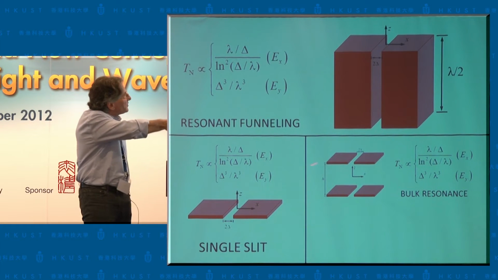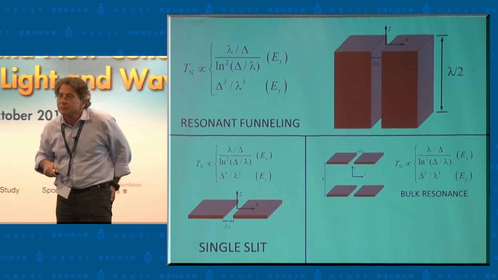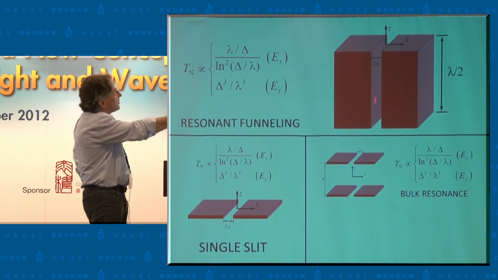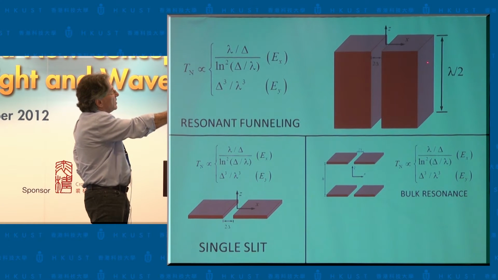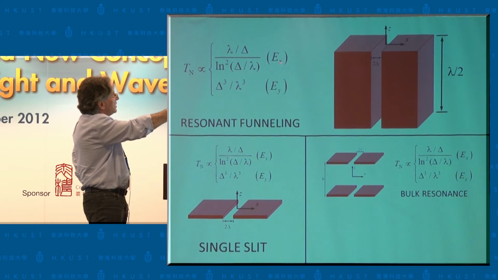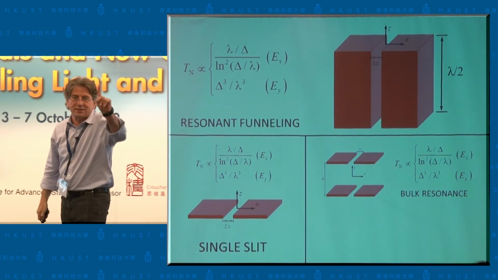The result for these 3 geometries when you are in resonance is identical. So what we call resonant funneling, that is when the height of the slit is lambda over 2, gives these results for Ex and Ey. In other words, all this in resonance behaves like a single slit.